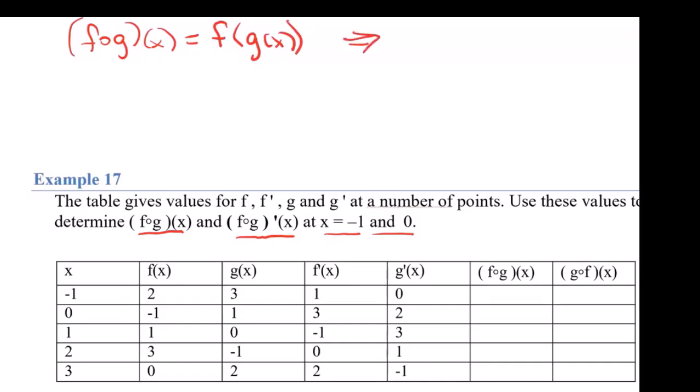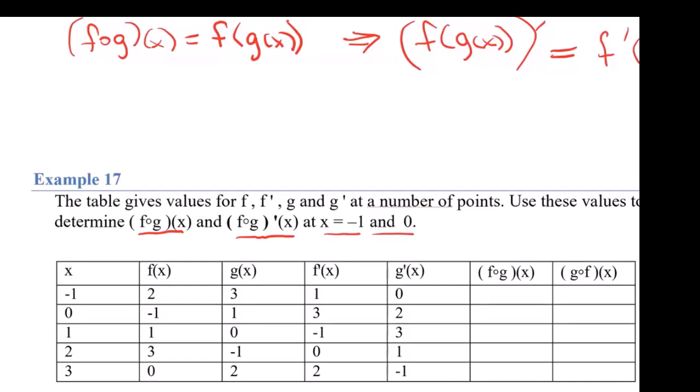The derivative of f of g of x is the derivative of the outer function, which here is f prime of g of x, times the derivative of the inner function.